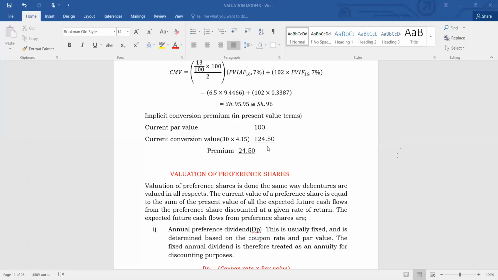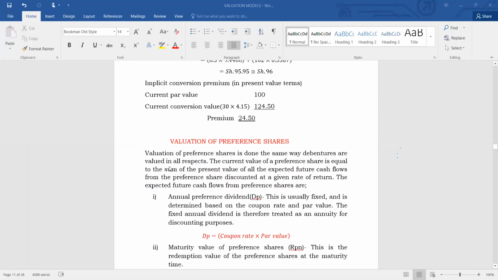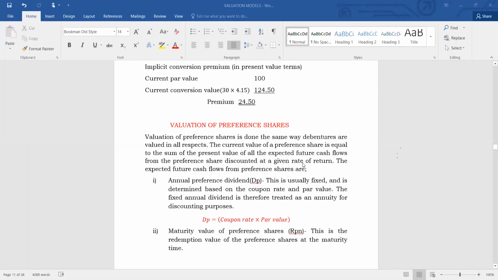You can see that the characteristics of debentures and preference shares are relatively similar, and for that reason, valuation of preference shares proceeds the same way debentures are valued in all respects.